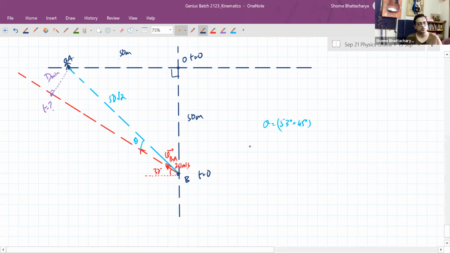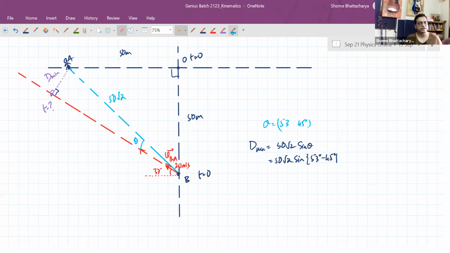So what is D minimum now in that trigonometry of this triangle, because this is a right angle triangle. So this minimum distance is 50 root 2 sine theta. So it is 50 root 2 sine of 53 minus 45. So sine of 8 degrees, but we'll use this formula only to calculate it.